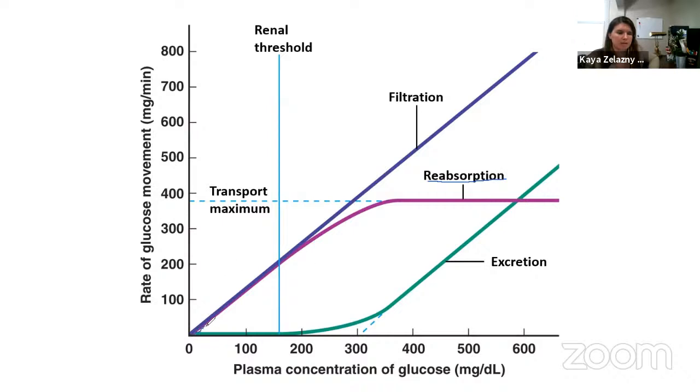More glucose in the plasma means we'll reabsorb more glucose, but it's only true to a point. As we start to reach this renal threshold, it becomes more and more difficult to move glucose across the epithelium, right? Because those carriers are filling up.